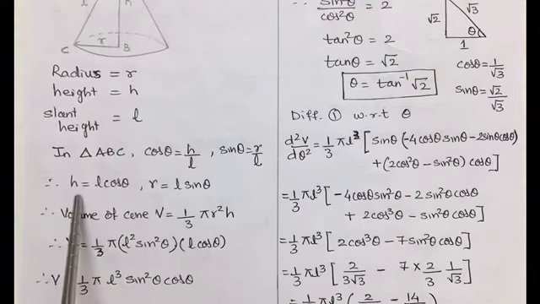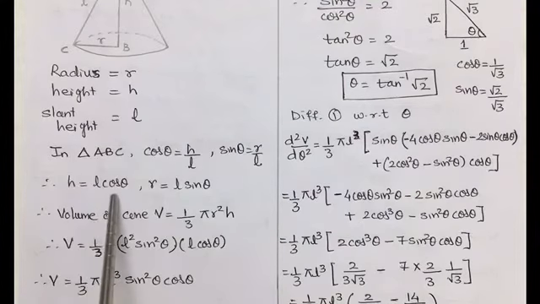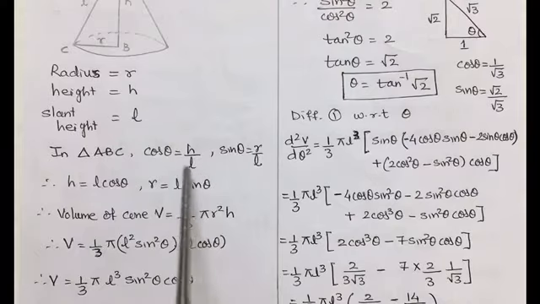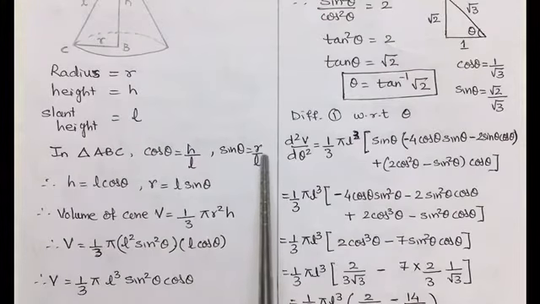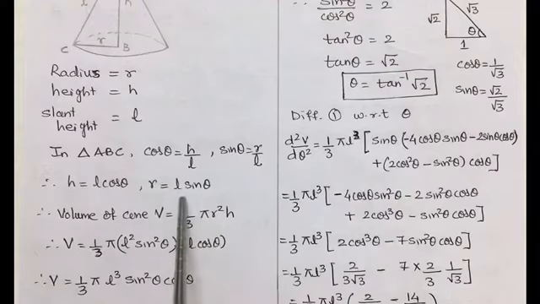Now expressing height as l cos theta by shifting l to the other side, and expressing r, that is radius, as l sin theta.